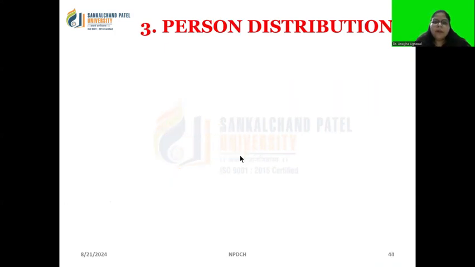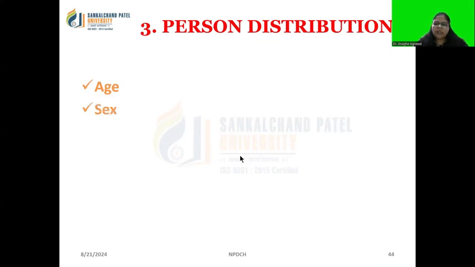Then we have person distribution. What are the personal parameters because of which you become more susceptible or less susceptible to a particular disease? For example, age. As age advances, immunity decreases, so people become more and more susceptible to infectious diseases or modern-day diseases.